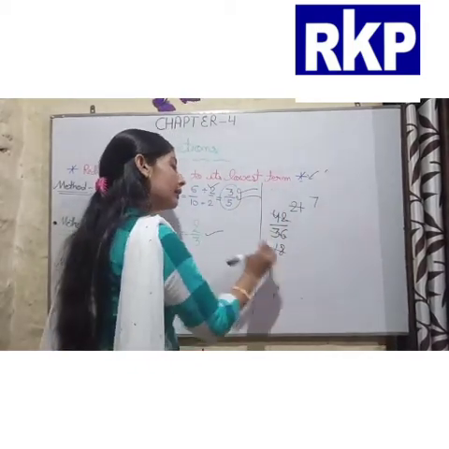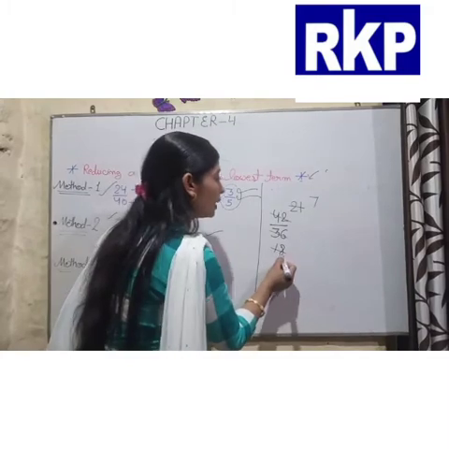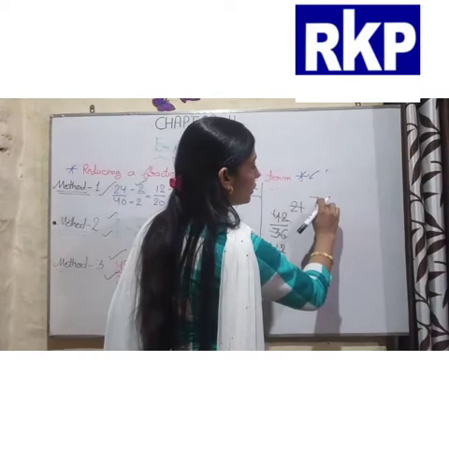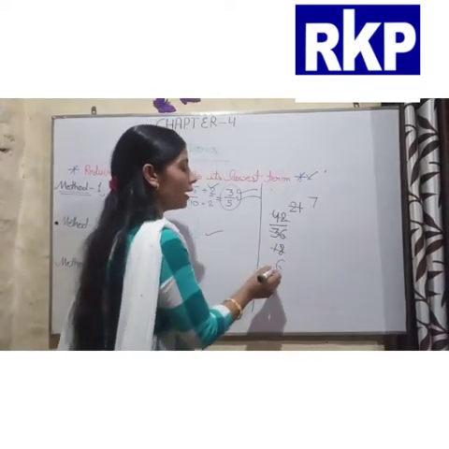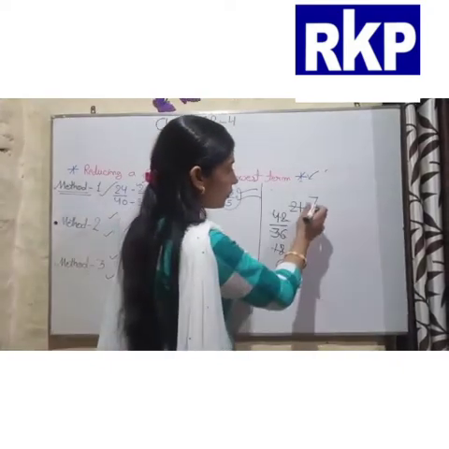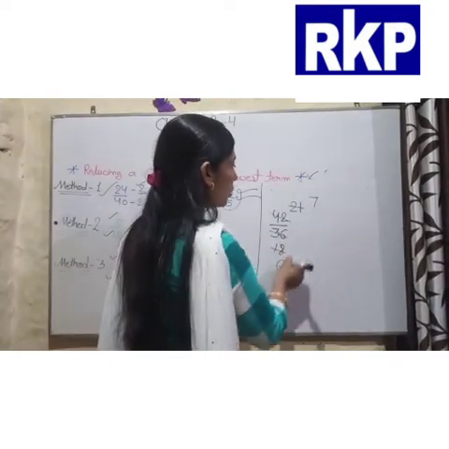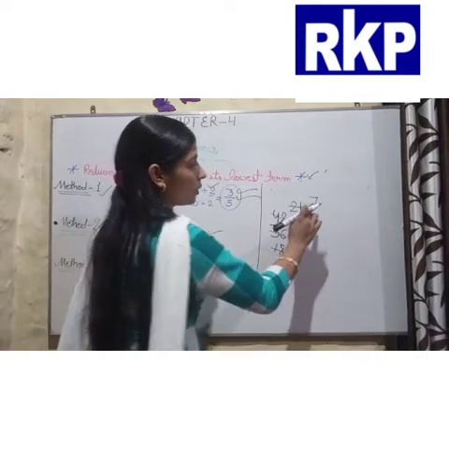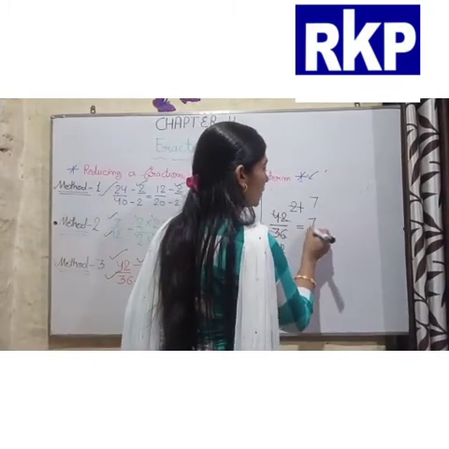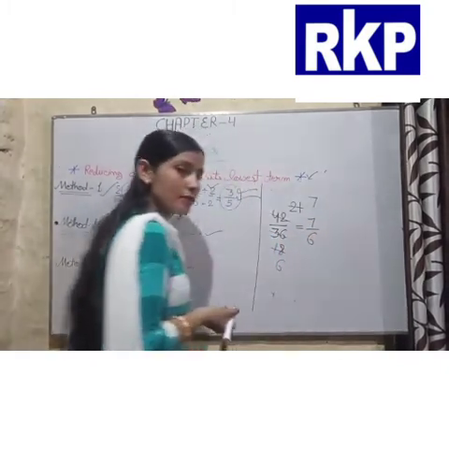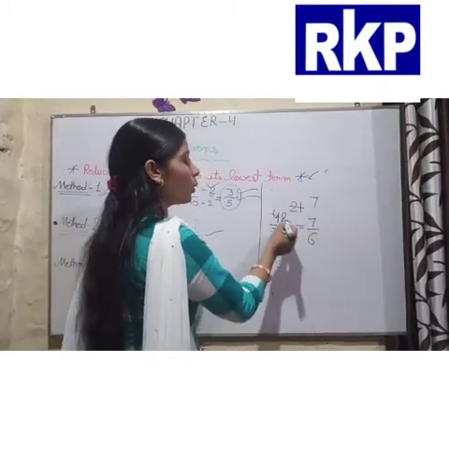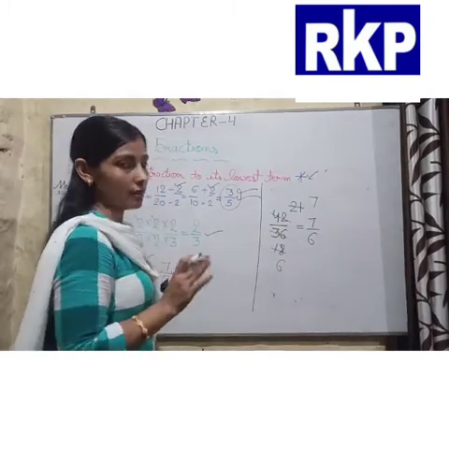And if we divide 18 by 3, we will get 6. Now we have 7 as a numerator and 6 as a denominator. If we check, there is no common factor of 7 and 6 other than 1. So it is our answer. 7 by 6 is the lowest term of 42 by 36.